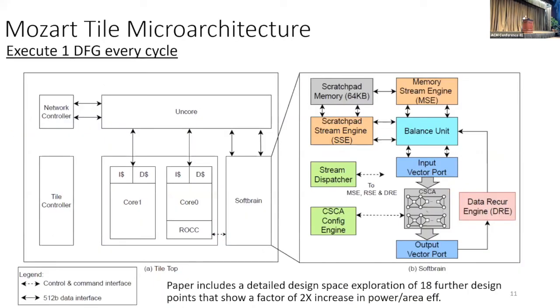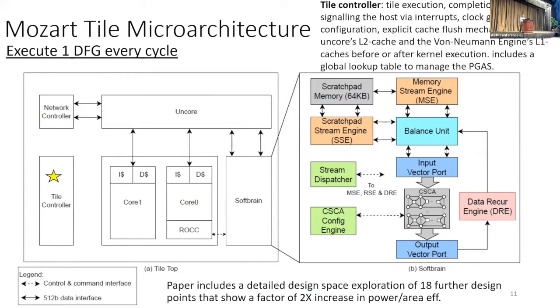Okay, so let's get into the microarchitecture, and that'll lead up to some of these lessons learned. The goal of the microarchitecture is at every tile to run one data flow graph every cycle. It has a set of blocks shown on the left, and then a blow up of this soft brain module, which is our data flow engine. There's a tile controller whose job is to orchestrate all of the execution, including some very low level things like mapping of the address space, cache flush mechanisms, and so on.